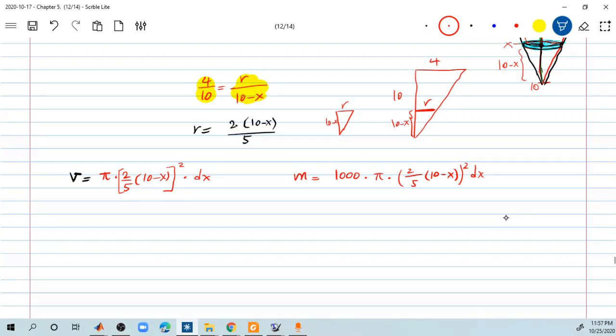There we go, so we found the mass. And what is the force? The force is the mass multiplied by gravity, m times g.